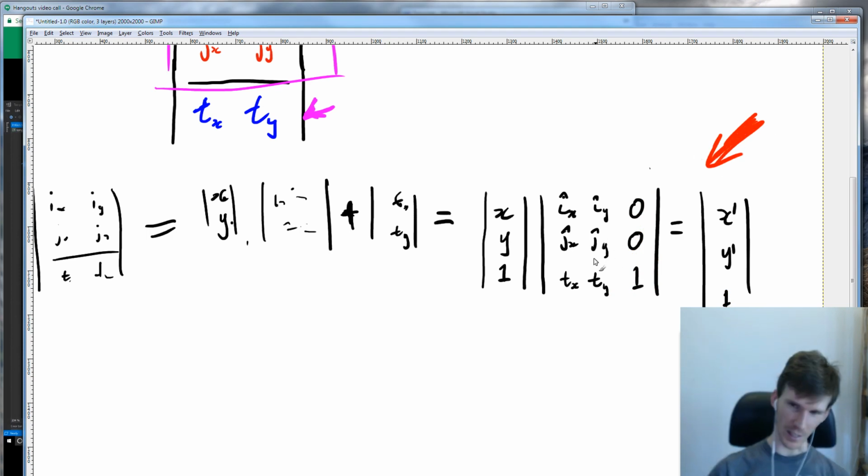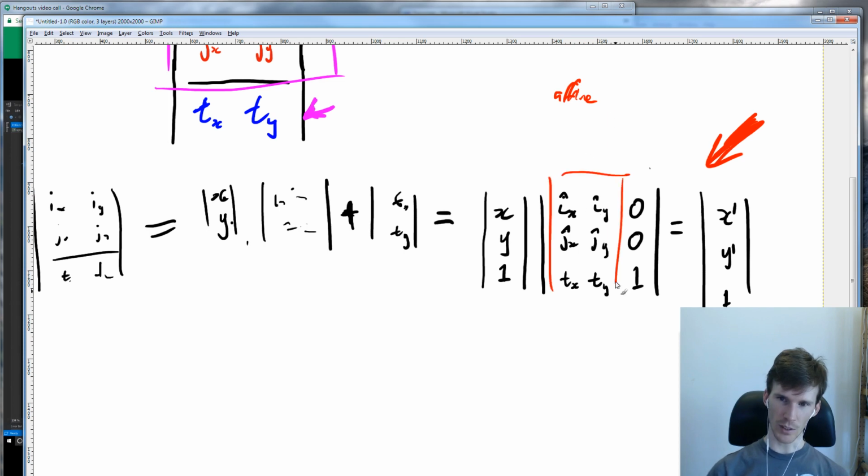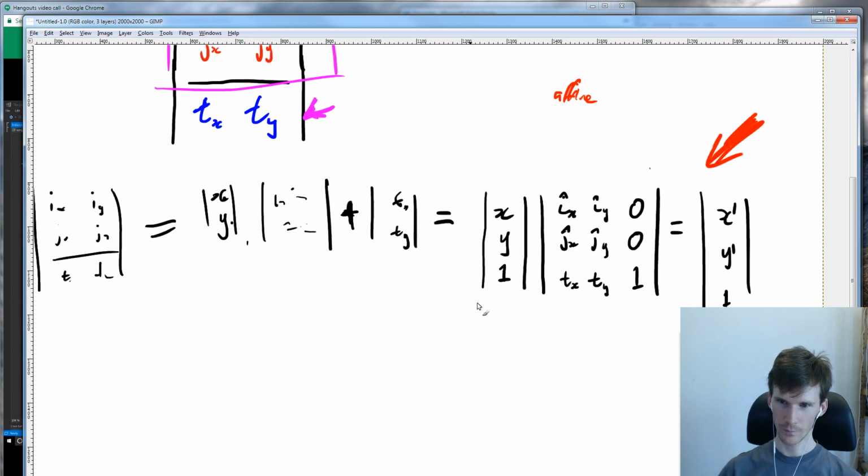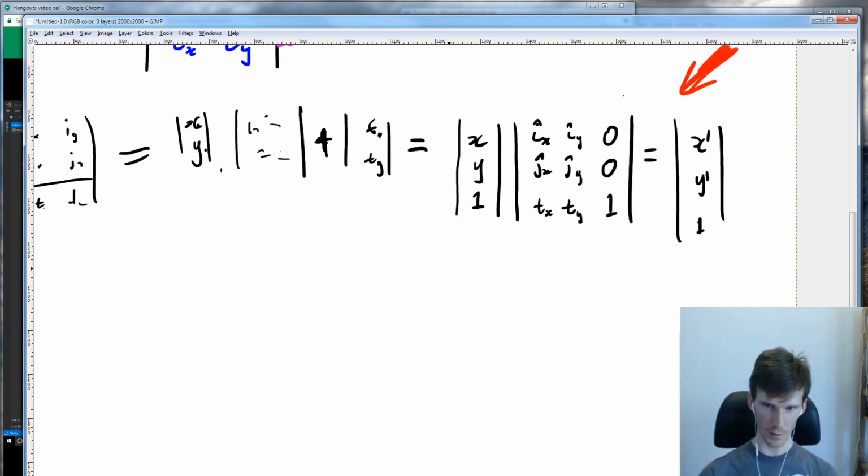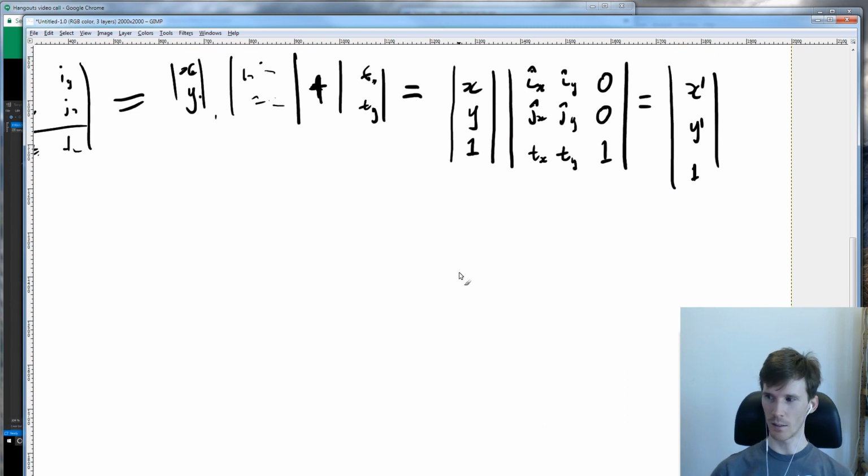So what I was going to say is, when you're storing an affine transformation, you just need to store 6 numbers. You don't need to store that, because that's always going to be the same. Yeah, that's what I was trying to allude to, the fact that it's not holding any information, because it's actually just the identity part of a 3 by 3, but you've shoved real information into the 2 by 2 part of it.